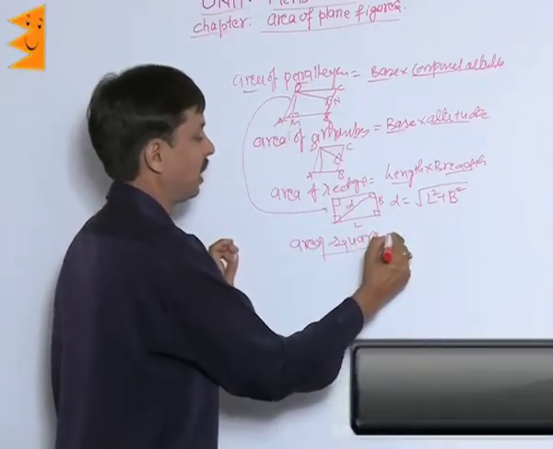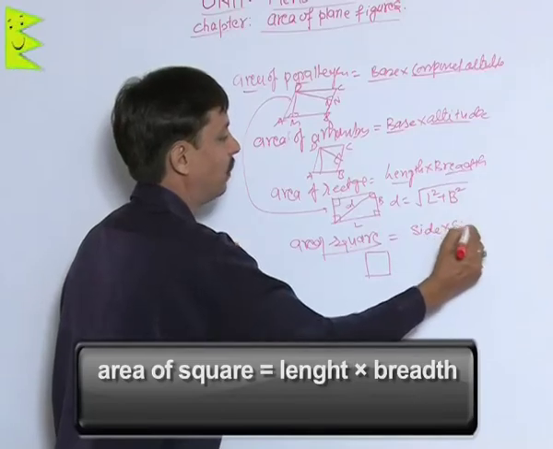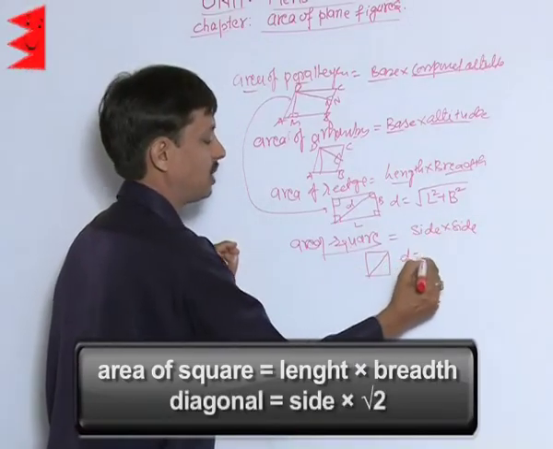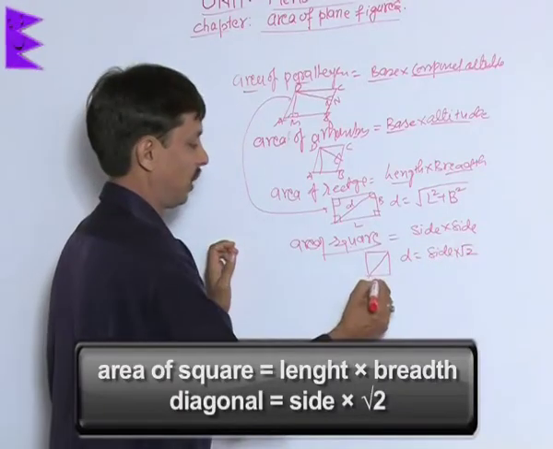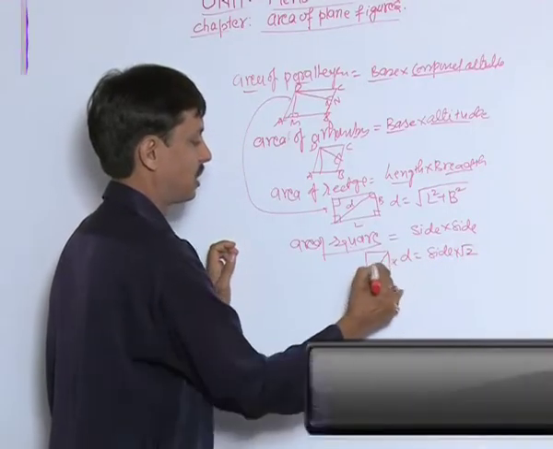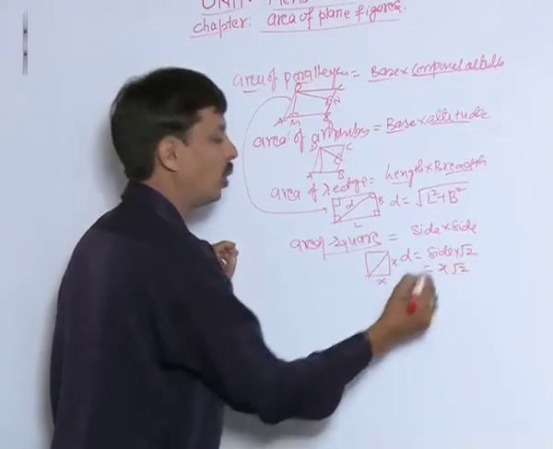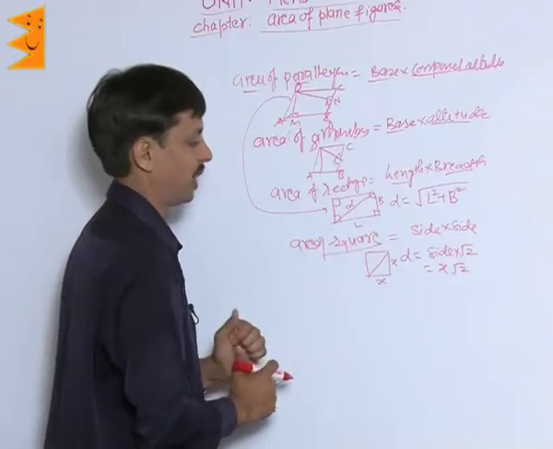The formula for the area of a square is length into breadth, that is side into side, and the diagonal is given by side multiplied by root 2. If this side is x, then the length of the diagonal will be x root 2 units, maybe centimeter, millimeter, kilometer, decimeter, whatever it is.